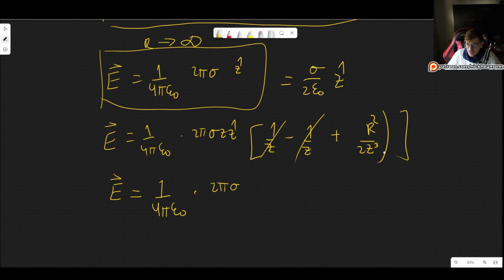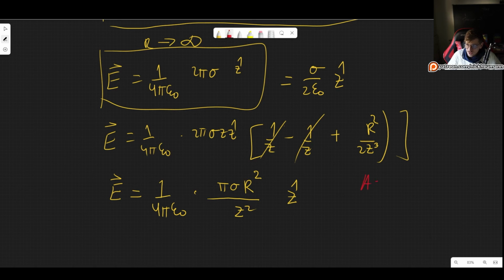Now, this z will cancel out with a part of that, so we get r squared divided by 2z squared in the z direction. The 2's cancel out. We end up with pi r squared times sigma, and that is precisely the area of our disk, right?